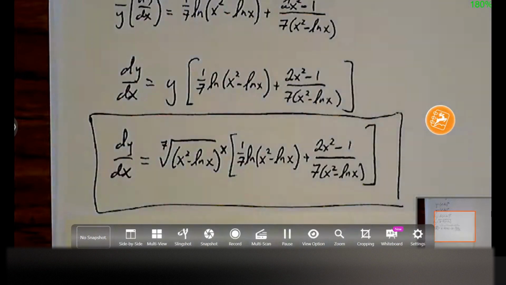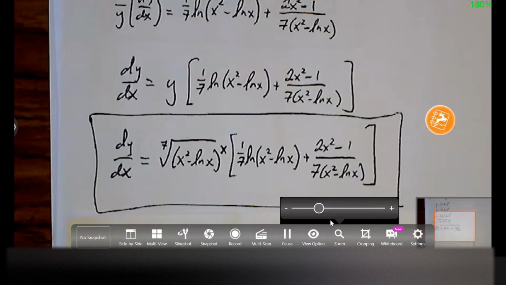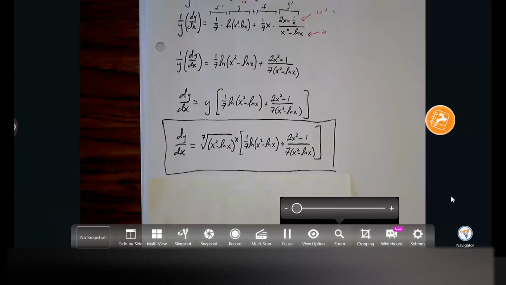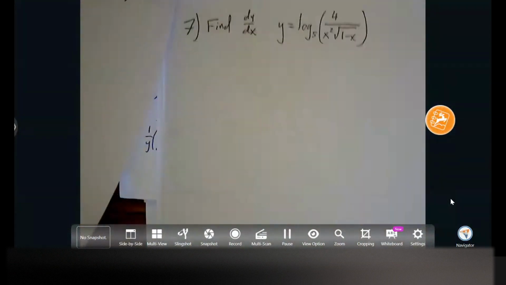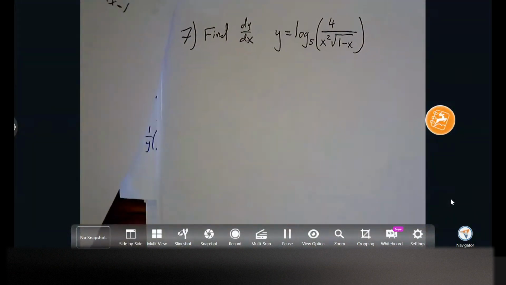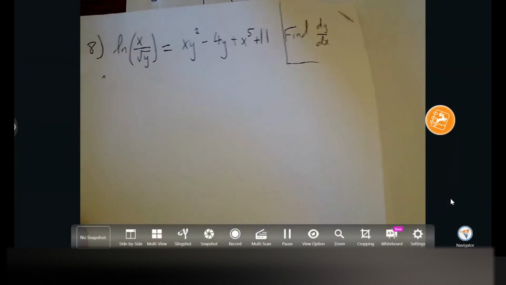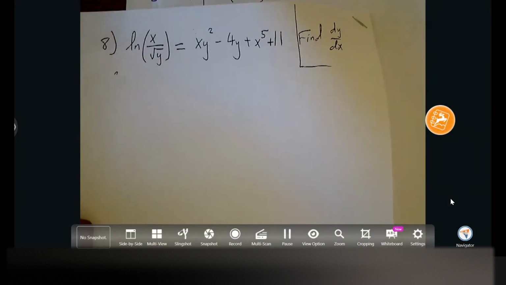Okay, how are you guys doing on Teams? Pretty good. Okay, so I have these problems here. I've got a derivative of an inverse, I've got a derivative of logs, and I've got an implicit.